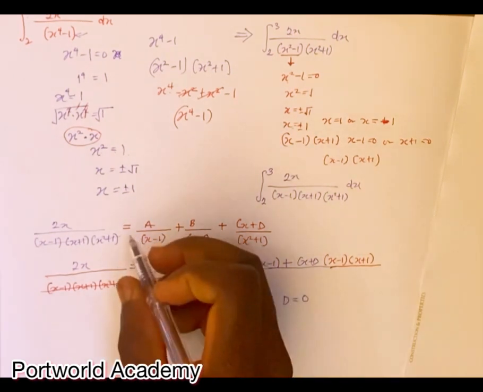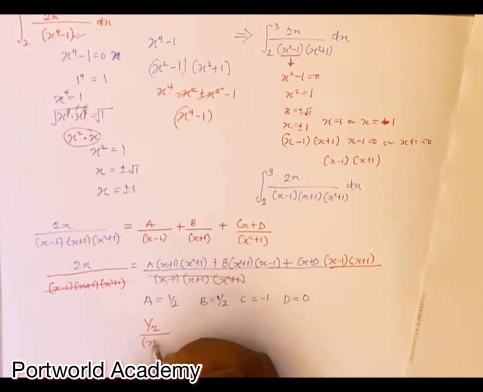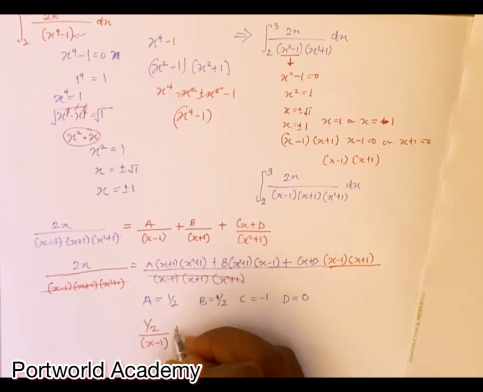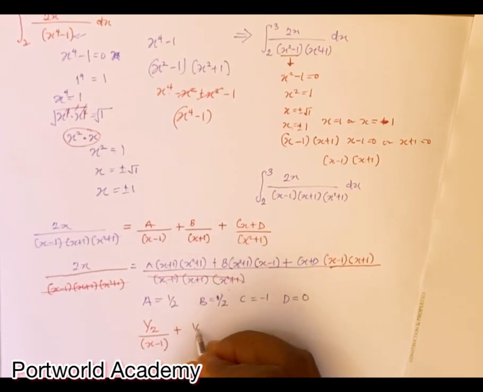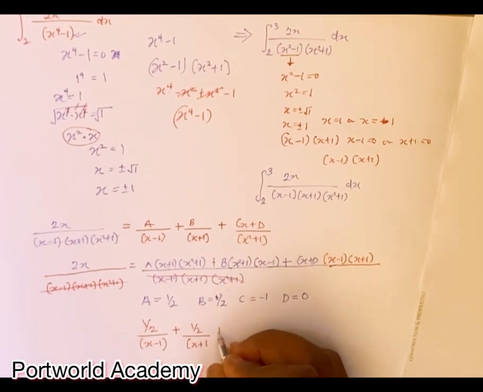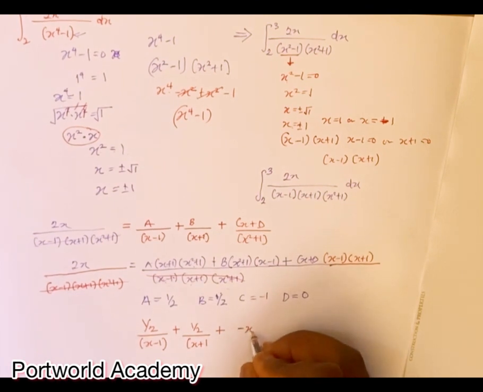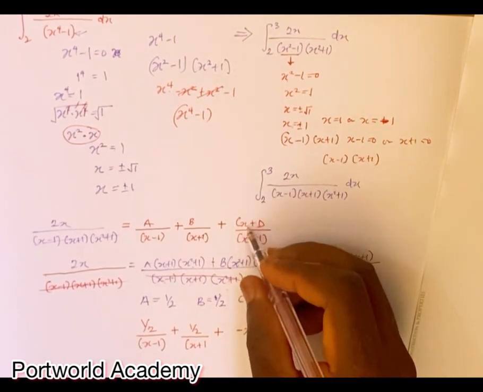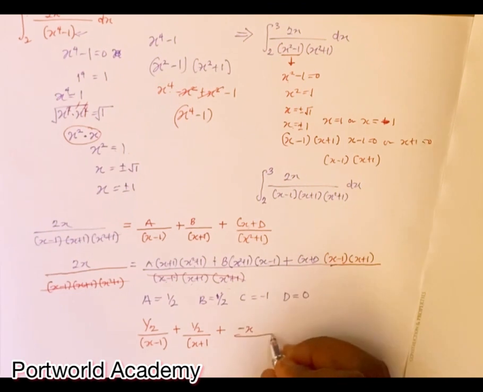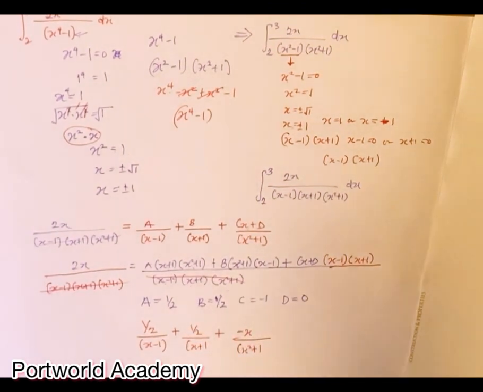So this equation will actually become 1 over 2 divided by x minus 1, then plus my b, which is 1 over 2 divided by x plus 1. Can you see this now? Plus my c is minus 1, that's minus x, plus d, which is 0, divided by x squared plus 1. Wow, everything is 0.